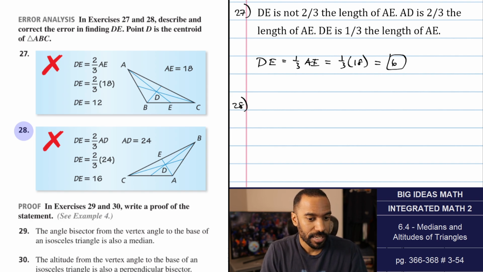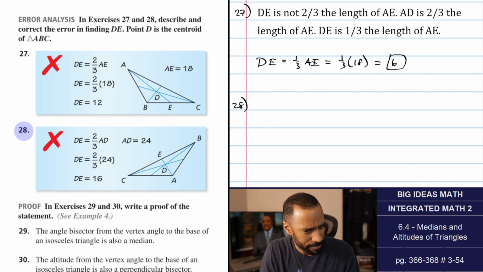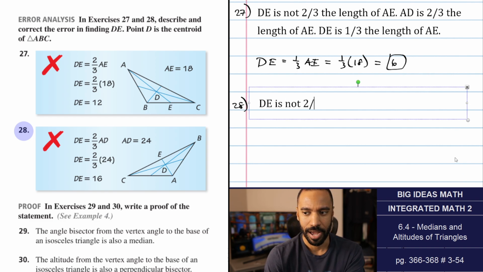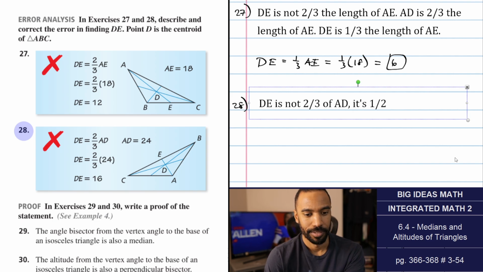Okay, the length of AD is 24. That's just this guy right here. That's not the entire length. They say DE is 2/3 of AE. Also not true. It should be half of that, right? So in this case, DE is not 2/3 of AD. It's not even 2/3 of AE. It's half of AD.